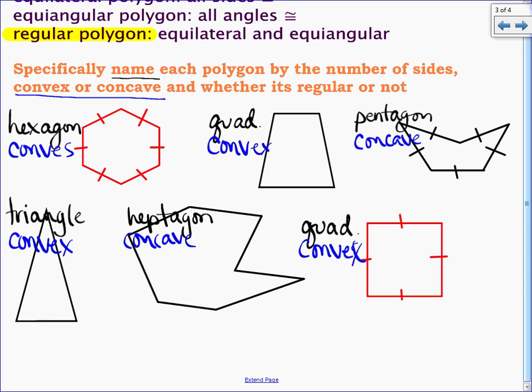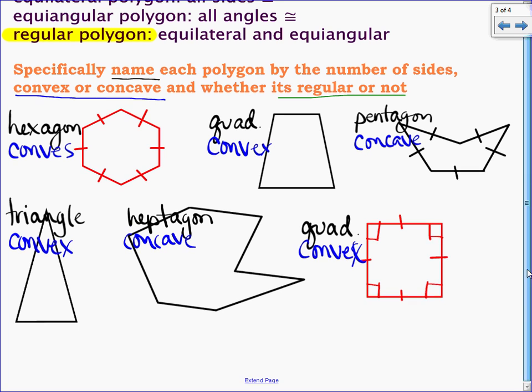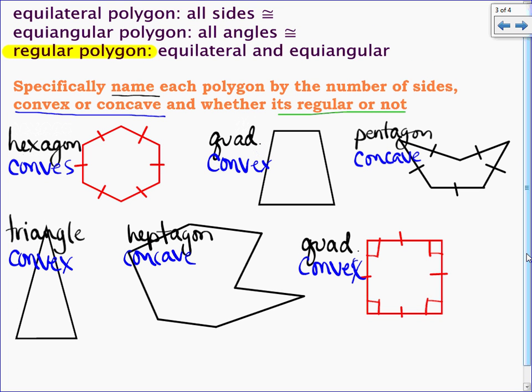Okay, on this picture, I need you to add something that I forgot to put in the notes, the squares in the corners. So please do that as we do the last classification. The last classification has to do with what is listed at the top of this page. We're going to write equilateral, equiangular, regular, or we could say none if it doesn't fit into any of those categories.